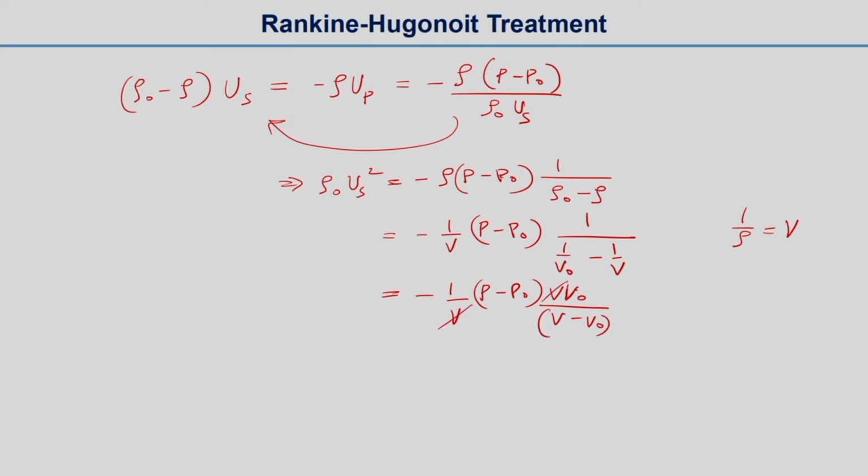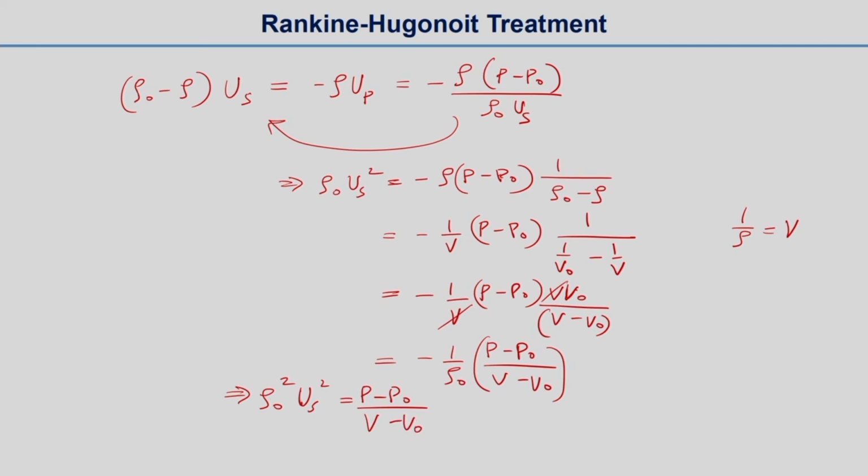We can cancel V and V here. So there will be one V naught remaining, which can be written as 1 by rho naught, P minus P naught over V minus V naught. So from here, I think what we can get is rho naught square Us square is equal to P minus P naught over V minus V naught.